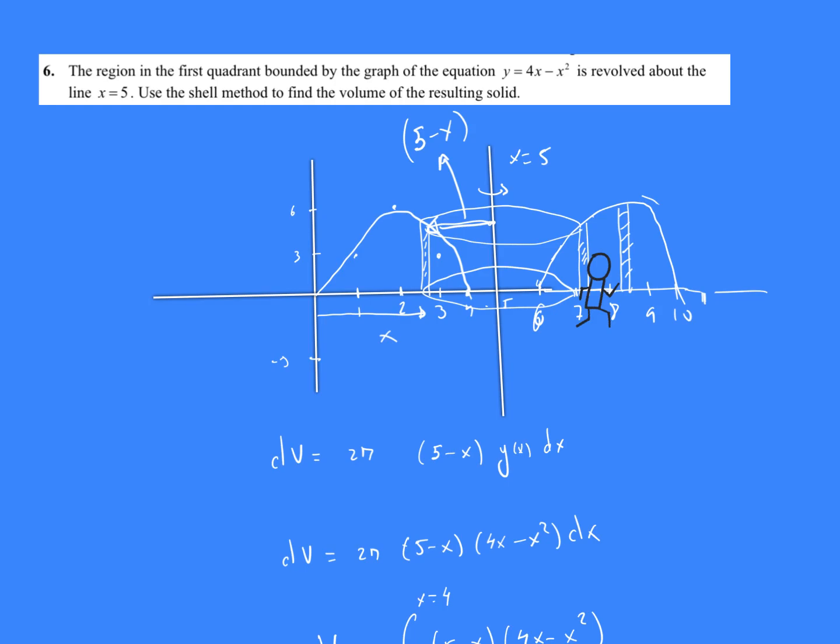So the problem is done. I have to sum the contributions to the volumes of every shell. So this shell will produce a bigger volume because it has a bigger radius.